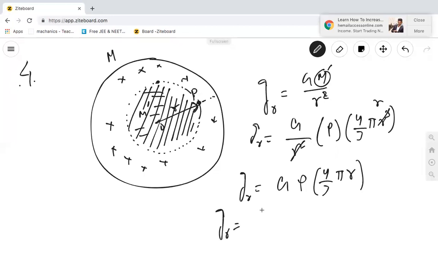Can you tell me what is this rho? Is it a constant? Rho is definitely density. It's supposed to be constant. Maybe it is not, but here it is supposed to be constant.